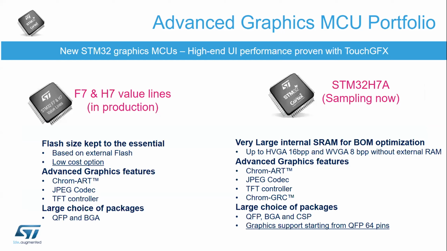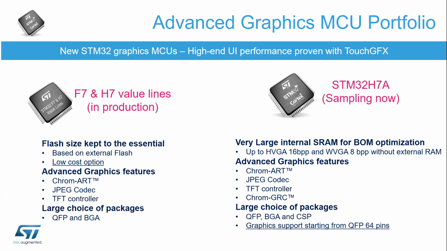What is new in our portfolio is the introduction of F7 and H7 value lines that are in production today. These products are coming with small flash and so are cost-effective. The idea behind it is that for graphic cases, you will always need some external flash to store your bitmaps, and so this is a way to have a cost down.